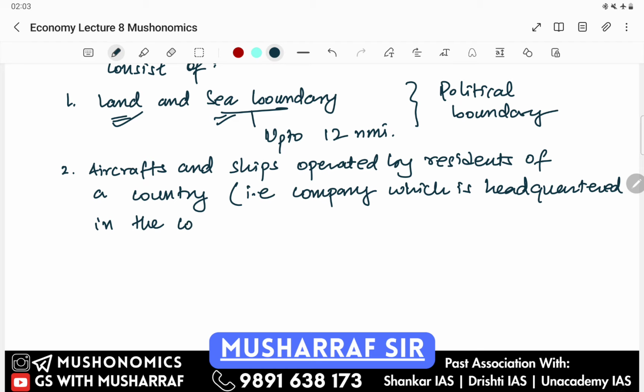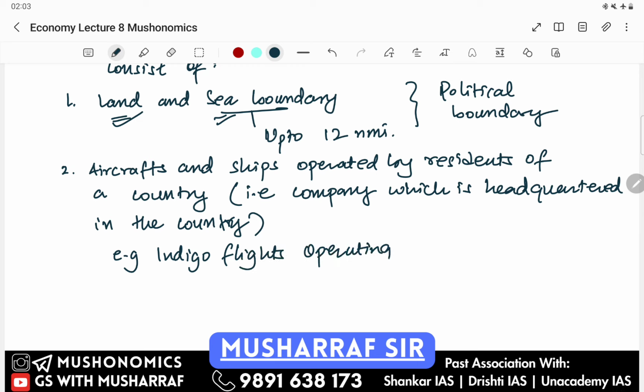For example, Indigo Airlines. Indigo flights operating in Canada, for example.